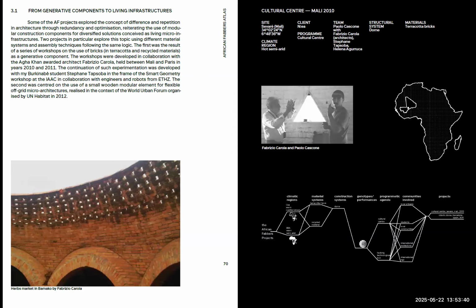Nobody knows him in Italy, maybe just some of us. He won an Aga Khan Award when he was, I think, 65 or 70 years old. Fabrizio was a very interesting guy for me because he really understood the power of evolving local tools.